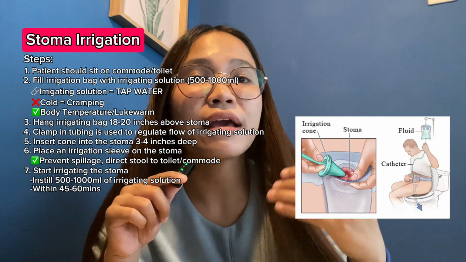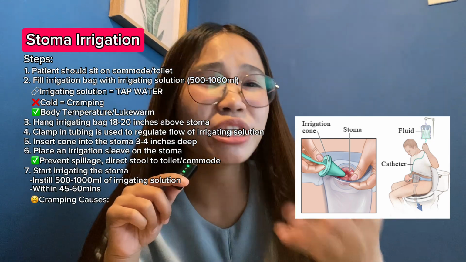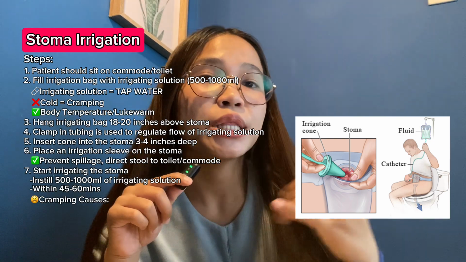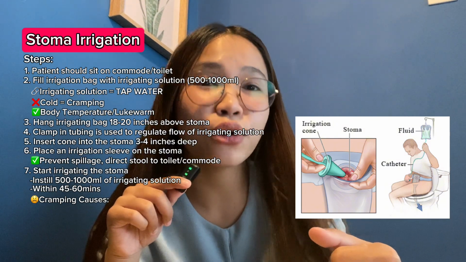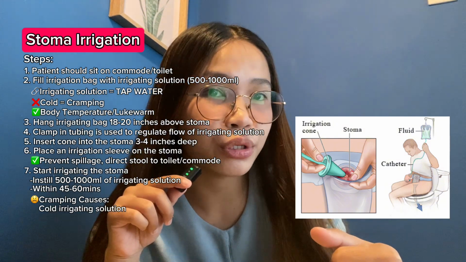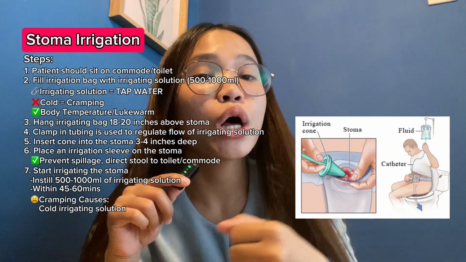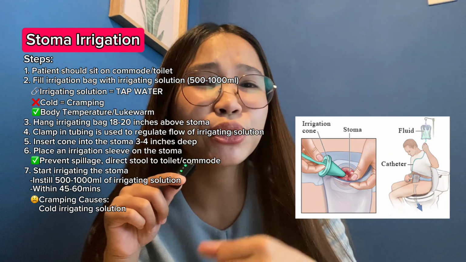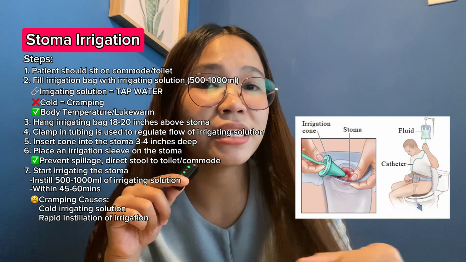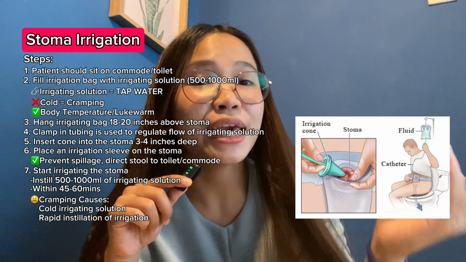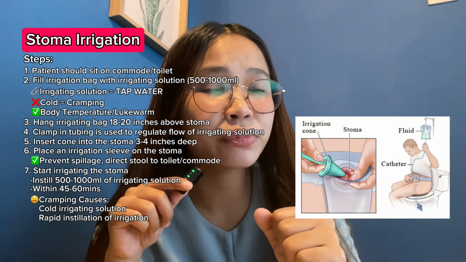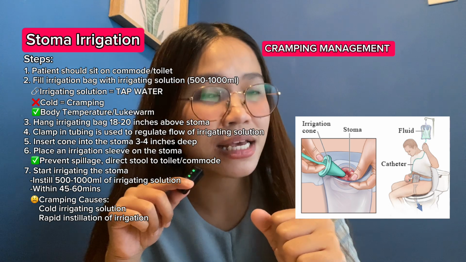During this time, cramping may occur. And what are the potential causes of cramping? Number one, if you are using a cold irrigating solution. Kaya dapat body temperature yan siya or lukewarm water. Or number two, if masyadong mabilis ang pag-instill mo ng irrigating solution in the stoma. So what's the management when the patient starts to complain of cramping?